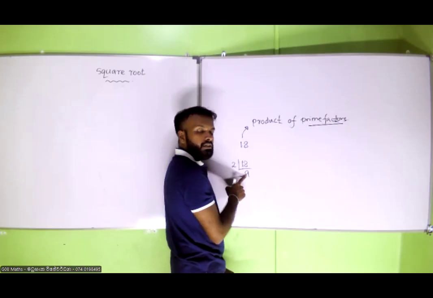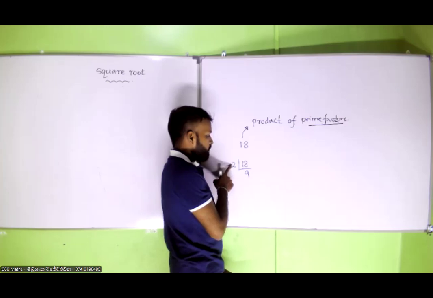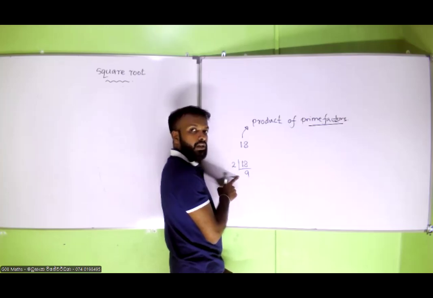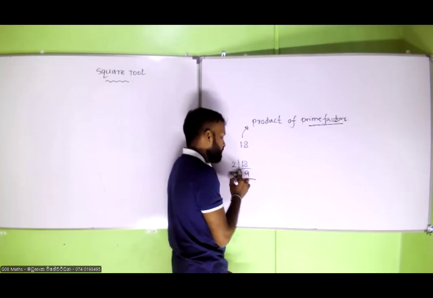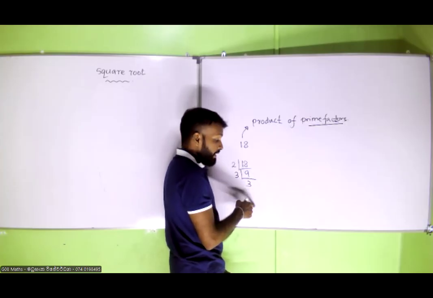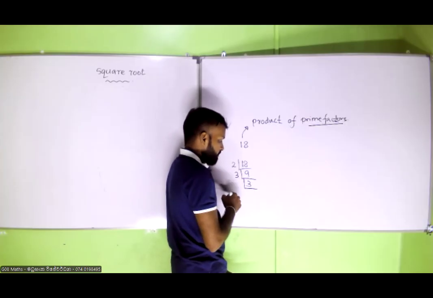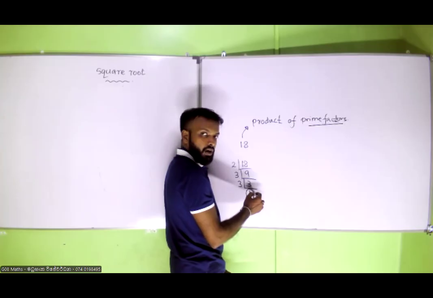Now 9 should be divided by the next smallest prime factor. 9 cannot be divided by 2, but 9 can be divided by 3. 3 times 3. Until you get 1 at the end, you have to divide. So 3 can be divided by 3, 3 times 1. Now at the end, I have number 1.